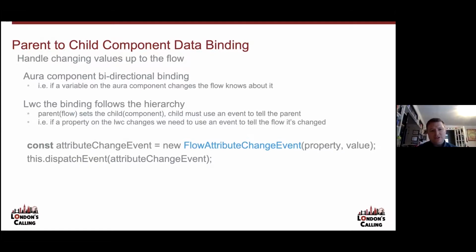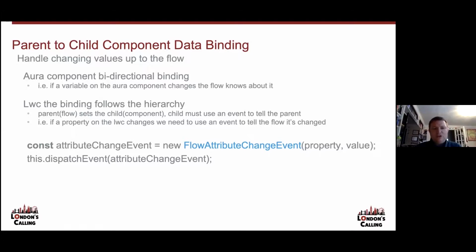What that means is that when the flow, in this case our parent, is setting values on the component, and the user then changes those values while interacting with the component, the flow will know about it because the data is bi-directionally bound.